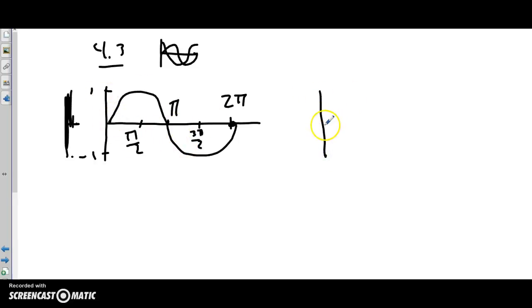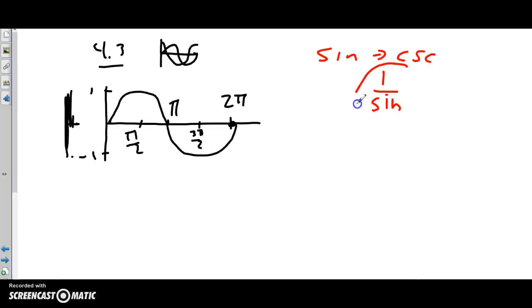Let's go look at the inverse of the sine curve. Sine goes with, if you remember, cosecant. So what's going to happen here is you're going to get the inverse of the points. The inverse of the points are 1 over the points.